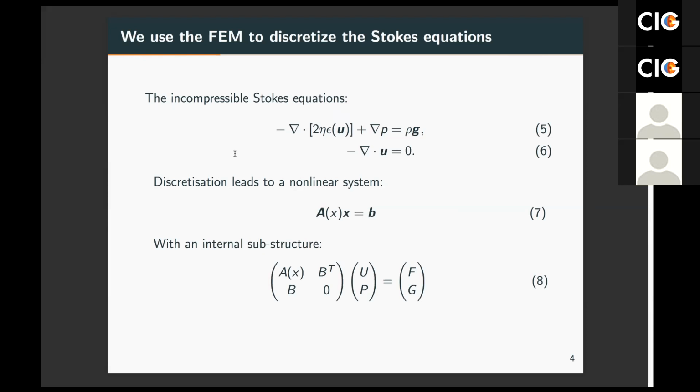And luckily for us, this has an internal substructure with a solution vector with the velocity u and the pressure p. And we see that the upper left corner of this A block is the part which is really dependent on the solution.